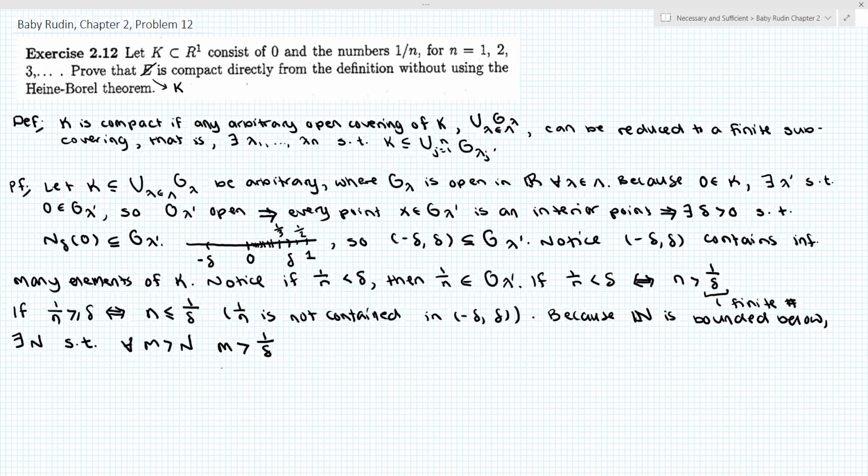What does this mean? It means there exists some capital N such that N is the largest natural number for which N is less than or equal to 1 over delta.